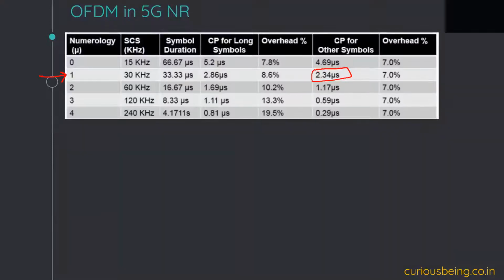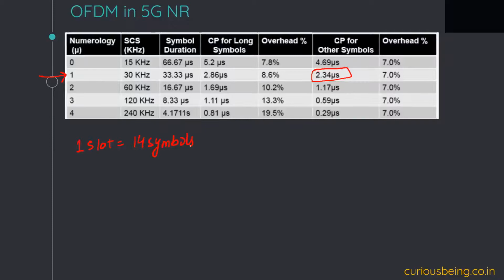It tells you that for OFDM, one slot has 14 symbols. When we were discussing the ISI part, I told you that there are multiple symbols, and because of the delay spread or multipath fading, they interfere with each other, which leads to intersymbol interference.